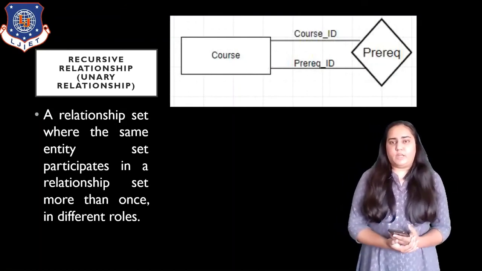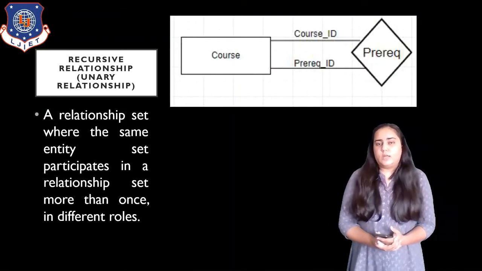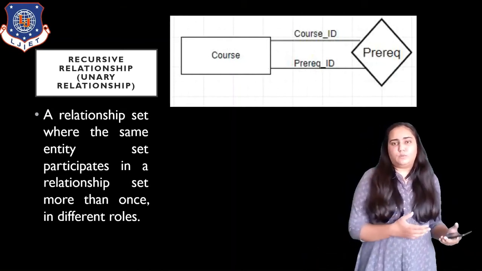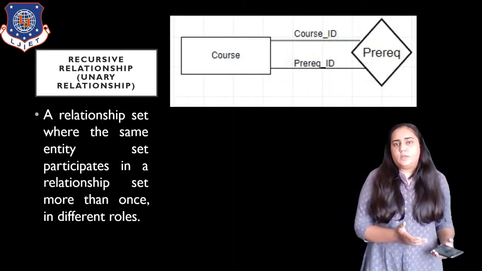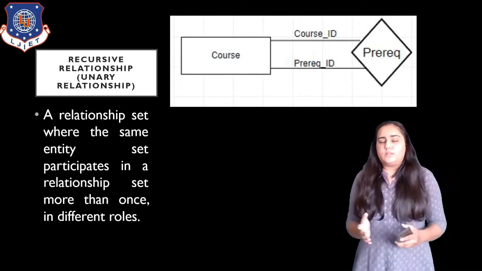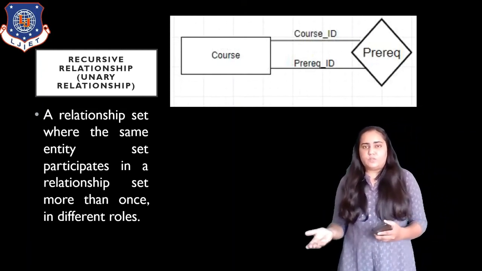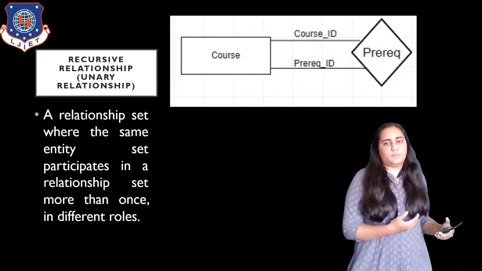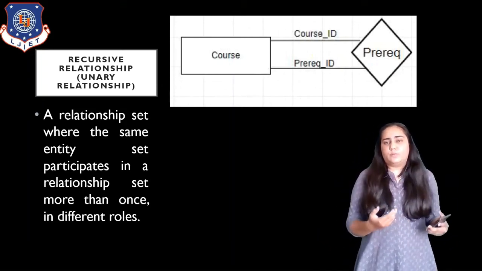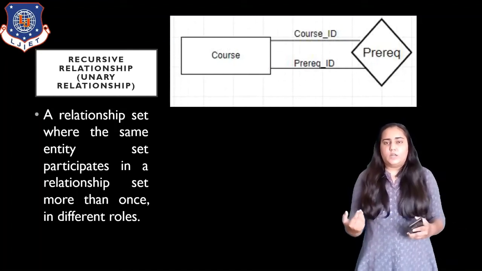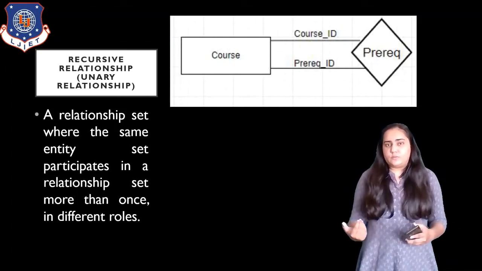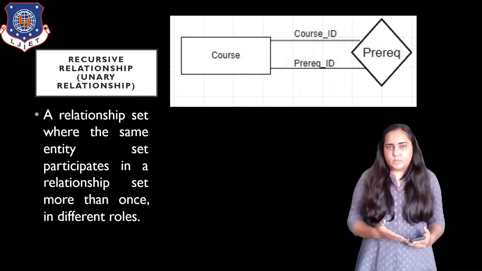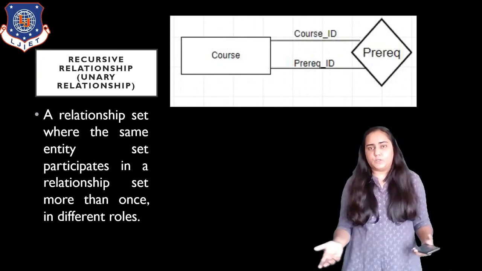For example, if I want to learn advanced algorithms, then I do need to know basic algorithms first. So this whole concept is where one course is related with another course. Advanced algorithms are related with basic algorithms. So basic algorithms are a prerequisite for advanced algorithms. And so although both are belonging to the same entity, it is forming a relationship.